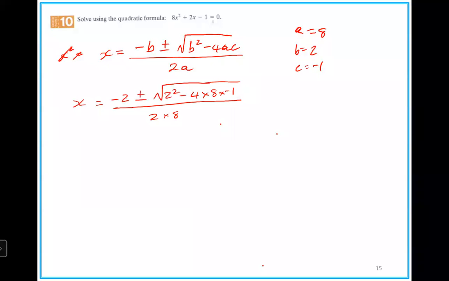So then x is equal to -2 plus or minus the square root of 4 minus 32.